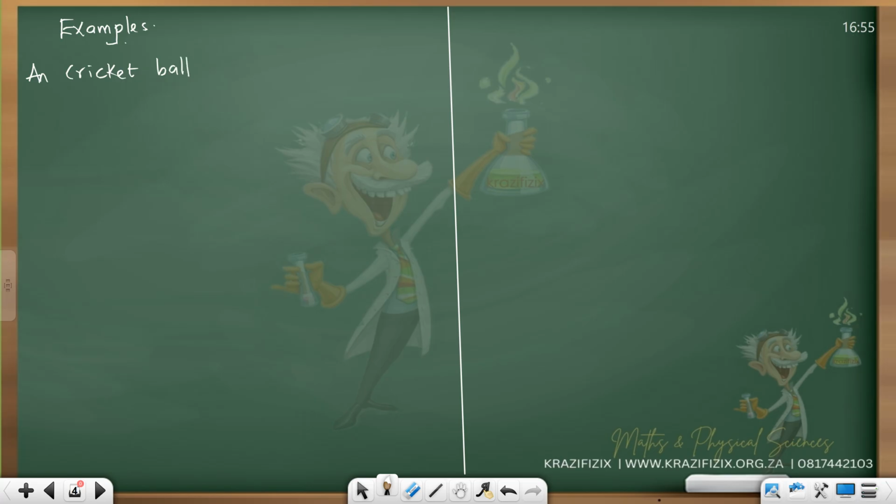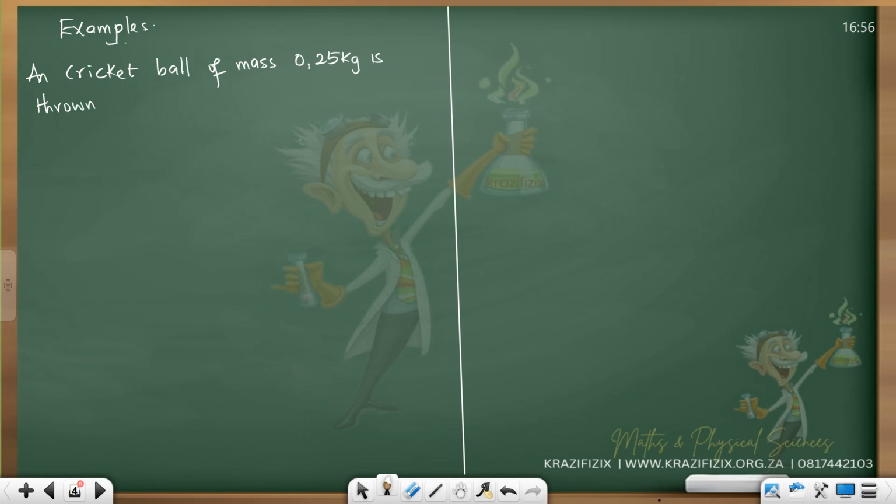I don't even understand it. A cricket ball of mass, let's add a mass, 0.25 kilogram. I don't know whether that's heavy.